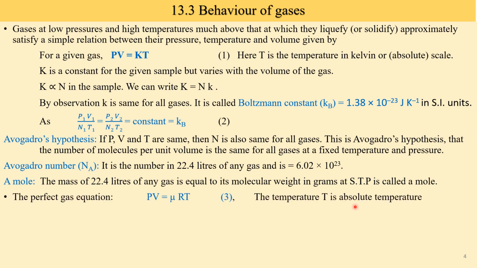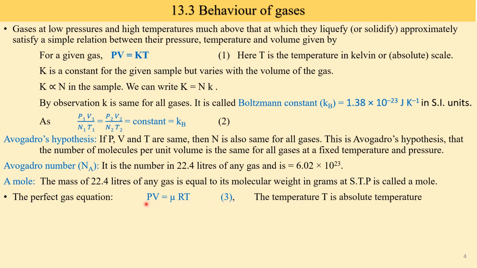Now we will recapitulate the perfect gas equation. We have stated in equation 1, PV = KT. Here in that equation, the value of K is represented by mu times capital R. So PV = mu R T. Let it be equation 3.